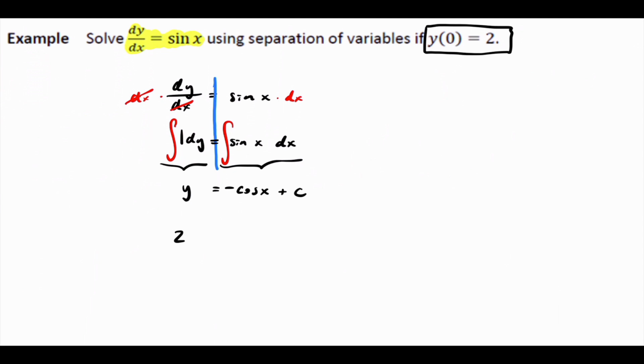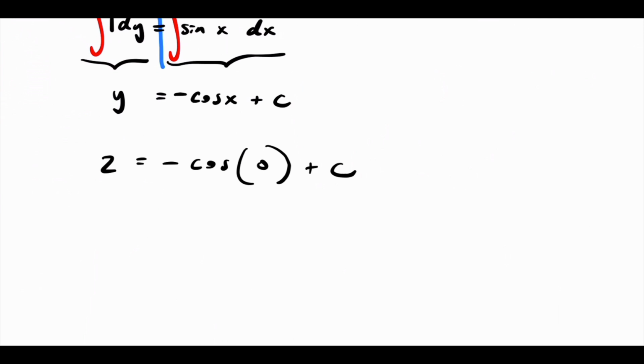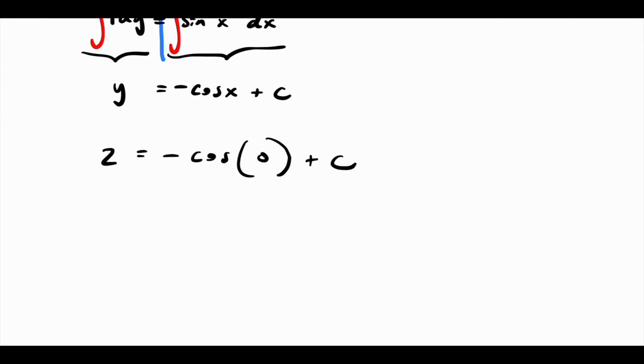So 2 equals negative cosine of 0 plus c. Okay. Well, cosine of 0 is positive 1. With that negative in front, it's going to be negative 1.